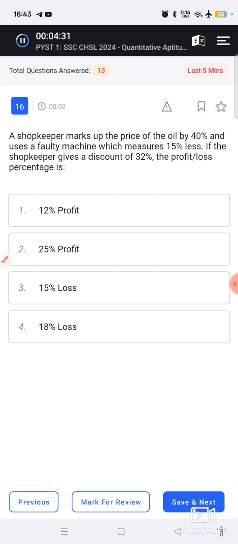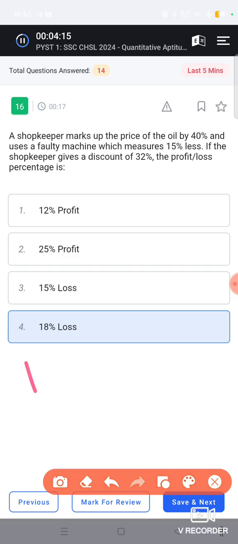A shopkeeper marks up the price of oil by 40% and uses a faulty machine which measures 15% less.